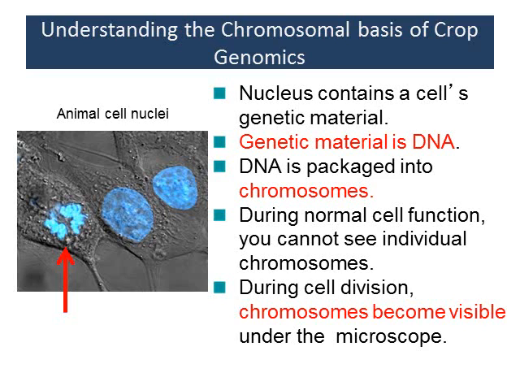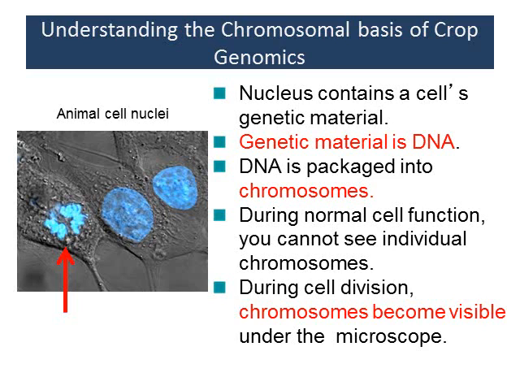The complication here is that we have to understand now, we saw these two different rules, independent segregation and the segregation of traits. But why is this happening? Well, it has to do with chromosomes, okay? So you have to understand the chromosomal basics of crop genetics. The nucleus contains a cell's genetic material, and genetic material is DNA.